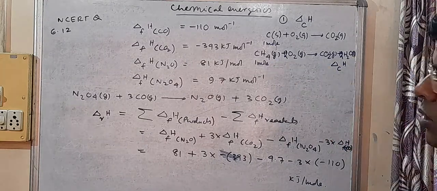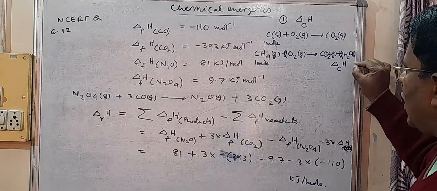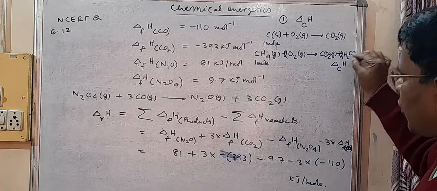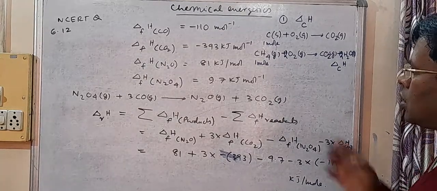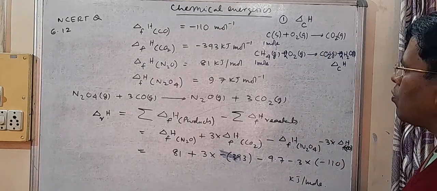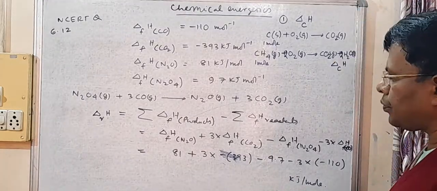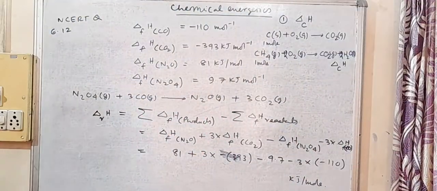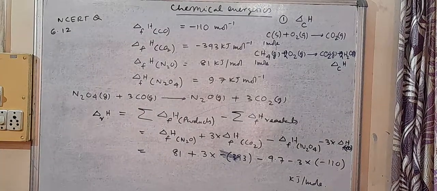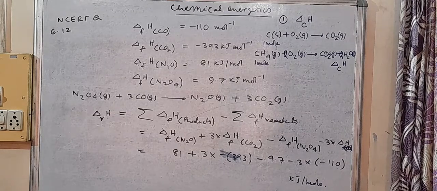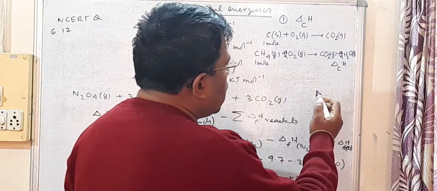If physical states are mentioned, and the enthalpy value is also mentioned after the reaction, then equations of this type are called thermochemical equations. So this is about enthalpy of combustion. Remember, 1 mole of fuel, 1 mole of substance has to be burned.